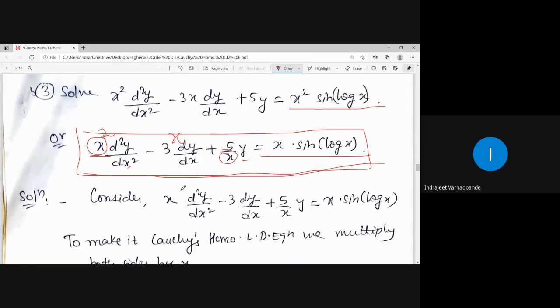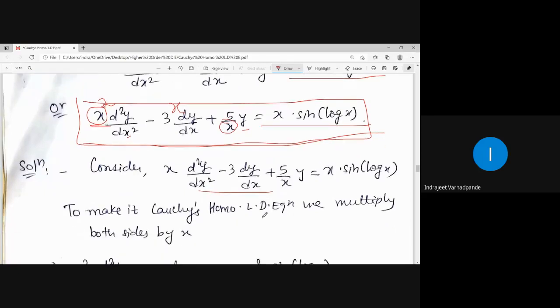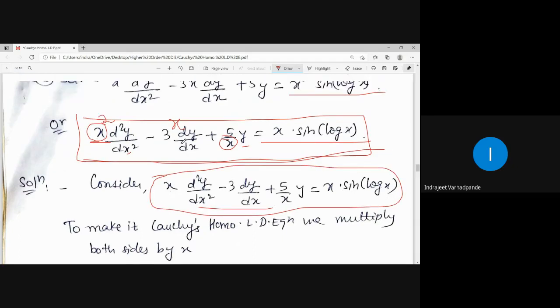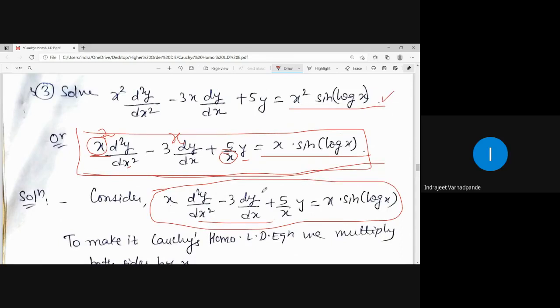So what we do is, we consider this differential equation, and to make it Cauchy's homogeneous linear differential equation, I have to multiply both sides by x. Multiplying this complete equation by x makes it homogeneous, which is your original first equation. I hope you got the difference. Whenever you find a differential equation with variable coefficients, it should be homogeneous.